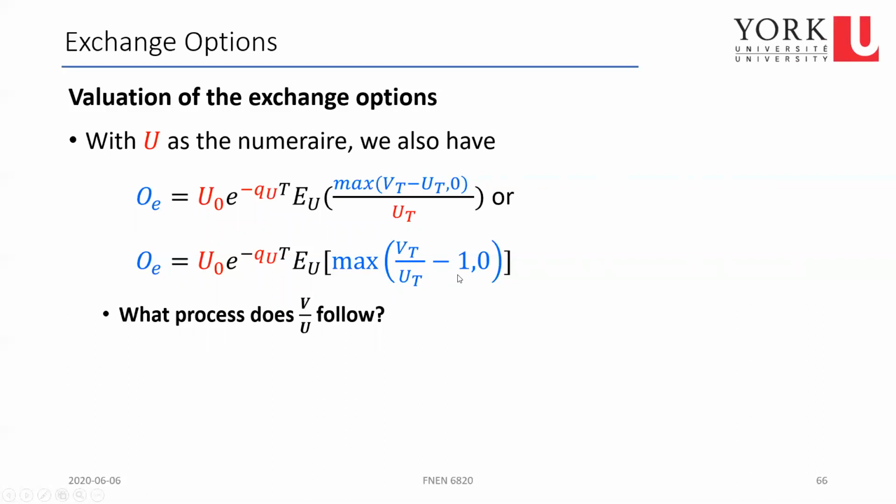If V is following a log normal process and U is following a log normal process, the ratio V divided by U also follows a log normal process.